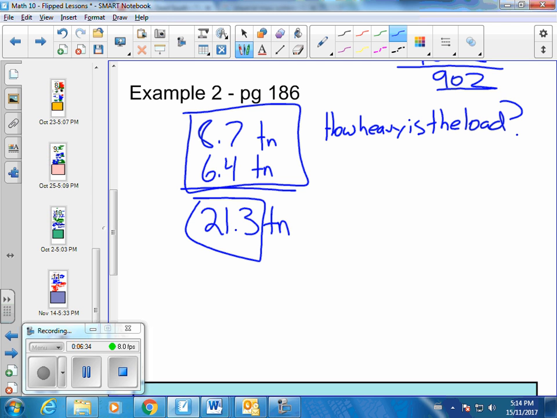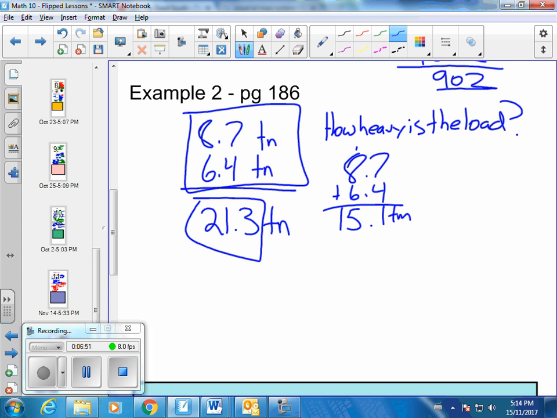So the first thing I'm going to do is add up 8.7 plus 6.4. Okay. I'm going to wind up with, carry the 1 here, 15.1 tons.